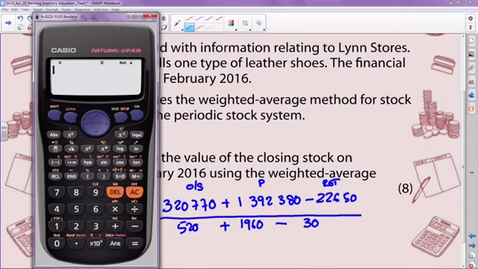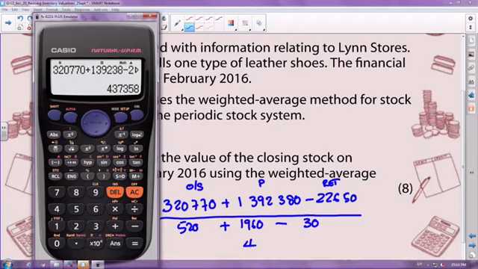Right, here goes. 320,770 plus 380 minus 22,650, and that gives me an amount of 437,358. Okay, that is calculated.